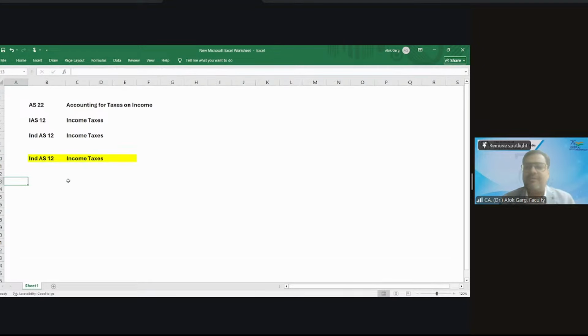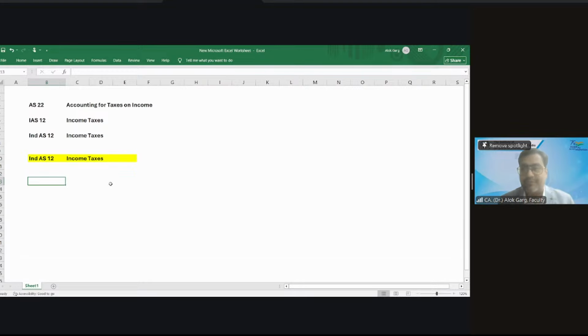So what we are going to talk about is the standard Income Taxes. First of all, let me clear to all of you, I am not teaching you provisions of income taxes, right? If you ask me, sir, what is the provision of PGBP? How many heads of income are there? There are 5 heads of income: income from salaries, income from house property, income from business and profession, capital gains, and other sources, right?